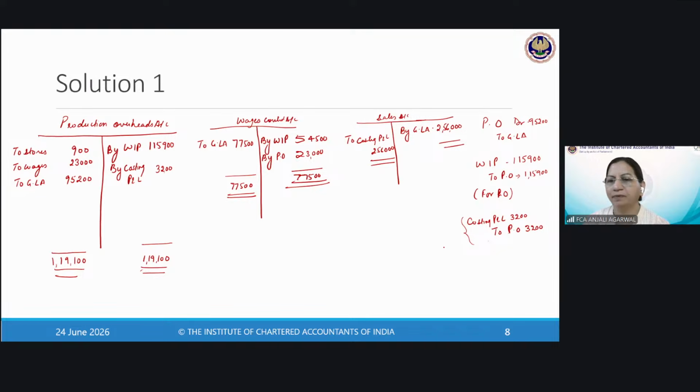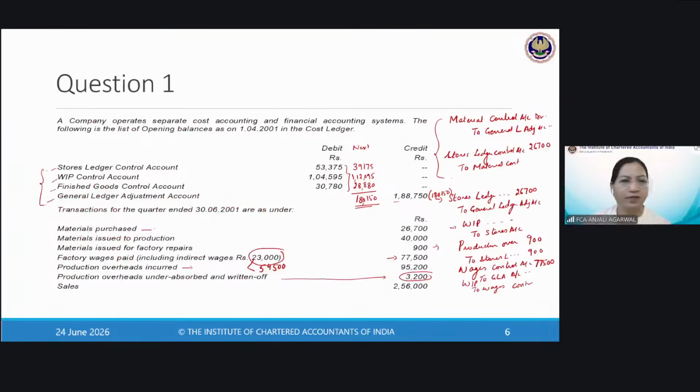So we will prepare a production overhead suspense account with 3,200, instead of taking it to costing P&L. So the production overhead suspense account, or production overhead control account balance, would also be there with 3,200. So this will increase by 3,200.